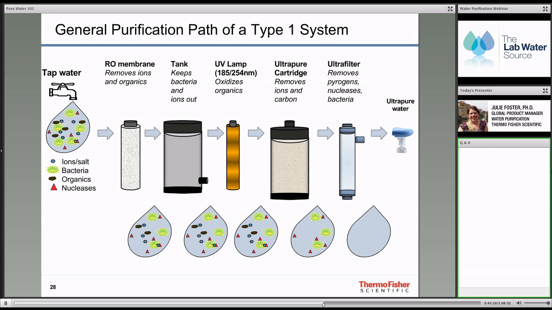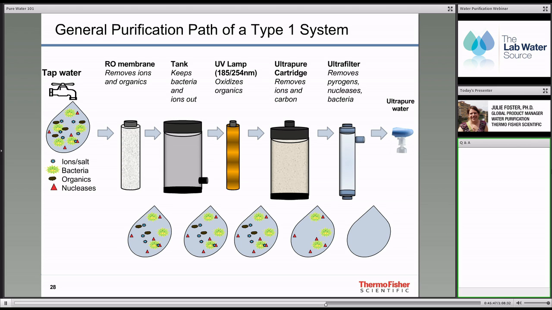Tap water has a lot of stuff in it, as you can see in the diagram. Once it goes through the RO membrane, it will take out about 90% of the impurities in the water. So it does a good scrubbing. It doesn't take anything 100% of the way out, but it does reduce the amount of impurities in the water.